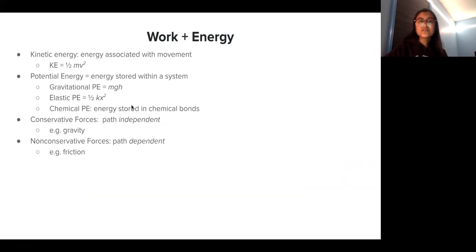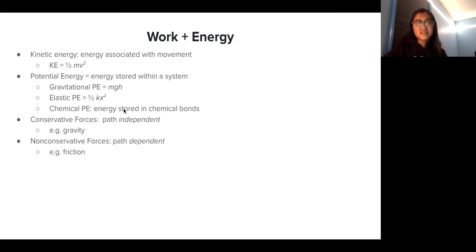Okay, now going into work and energy. First, kinetic energy is your energy that's associated with movement. Your formula for that is 1/2 mass times velocity squared. Potential energy is your energy that's stored within a system. So gravitational potential energy is equal to mass times g, which is again 9.8, times your height.